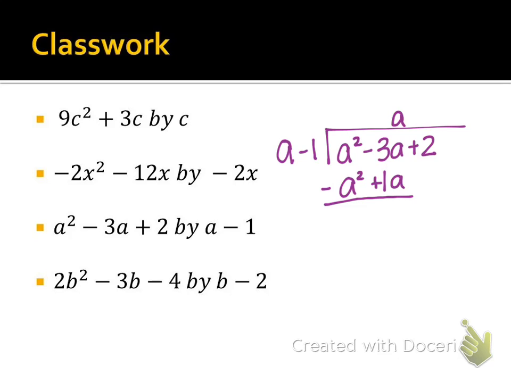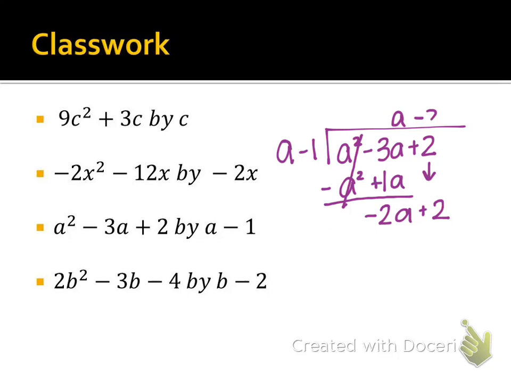All right, Angelica, what happens to my first term? Negative 2 times negative 1 is positive 2, right? Negative 2. Okay, so my first terms cancel out. What's negative 3a plus 1? Negative 2a. Drop down my 2. Now, what do I need to multiply by a to make it negative 2?